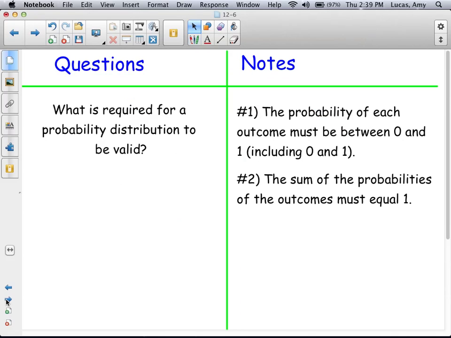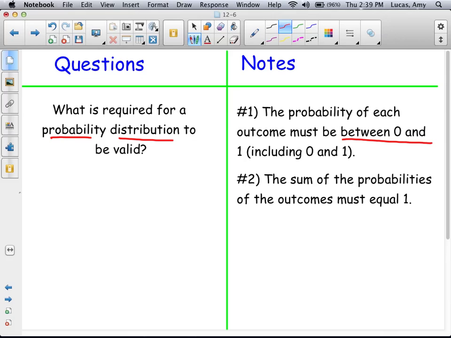Now, let's go back to talking about a probability distribution and what it is. A probability distribution, if it is valid, there are 2 requirements. One is that the probability of each outcome, each individual outcome, must have a probability between 0 and 1 and it's inclusive. So it could be 0, it could be 1, or anything in between.